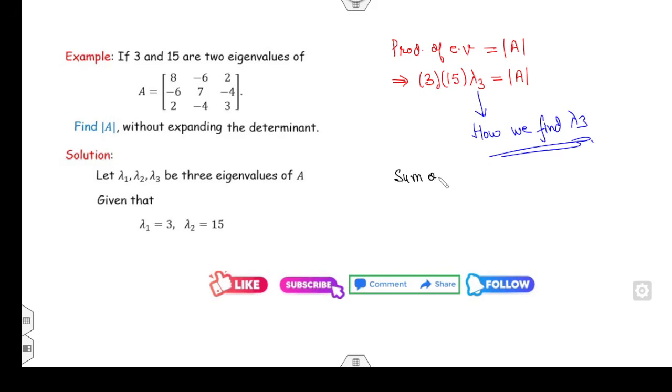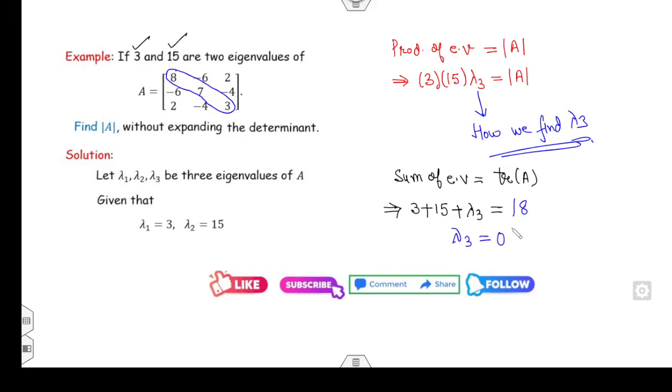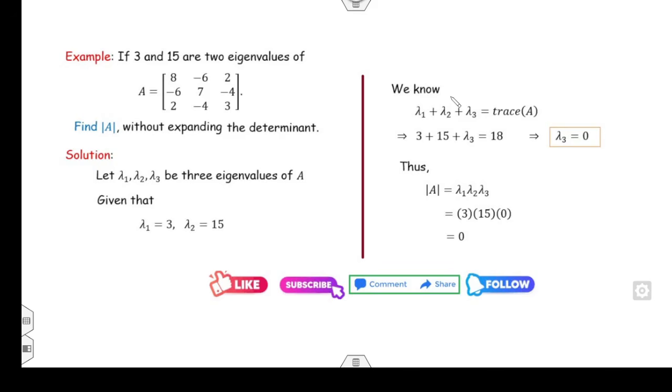I can use the property that the sum of the eigenvalues is the trace of the matrix. One eigenvalue is 3, the second is 15, the third is lambda 3. So can you find the trace? The trace is 8, 7 and 3, so if you add them, it is 18. The third eigenvalue is 0. If you substitute here, the determinant will be 0, which is the right answer. If you try to expand, that will also give you 0.